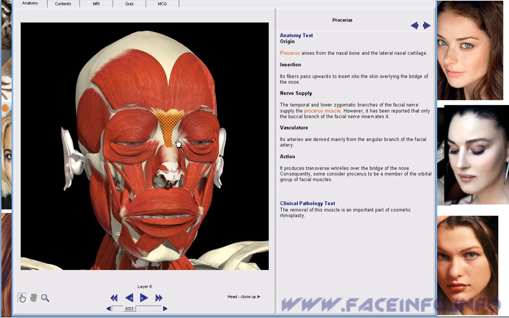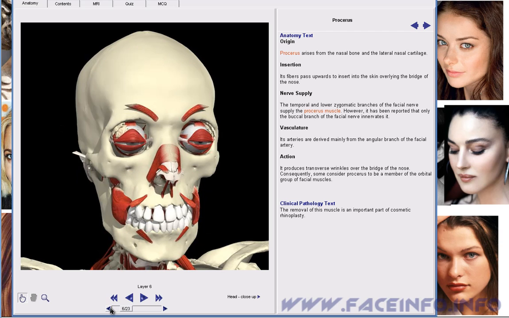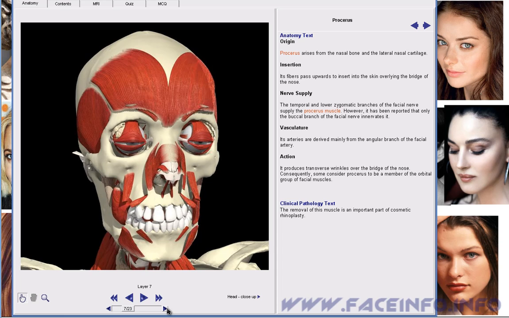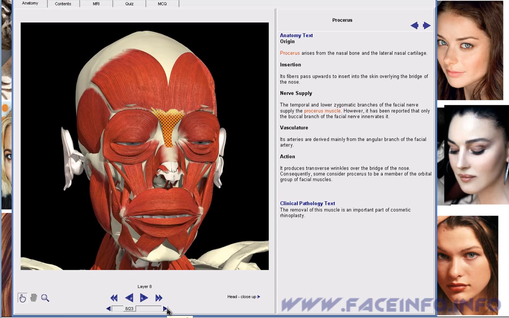So if the procerus muscle is weak, the shape of bone is followed at this place. And if it's well developed and big, this place will look differently and follow the shape of procerus muscle.